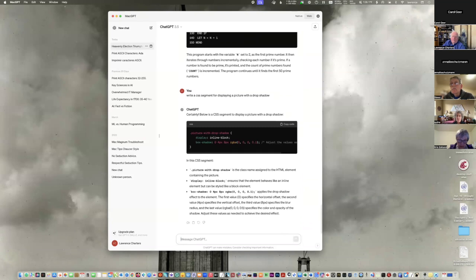I told it to write a CSS segment for displaying a picture with a drop shadow, and it gave me a block of code, which looks like it would actually work. And it lists down below it the explanation of how the code works.